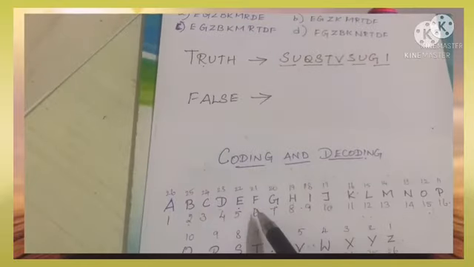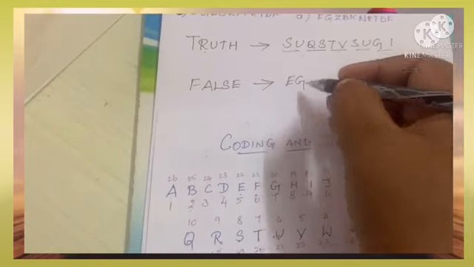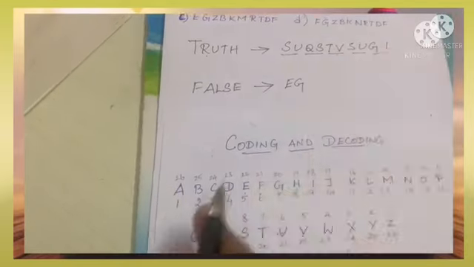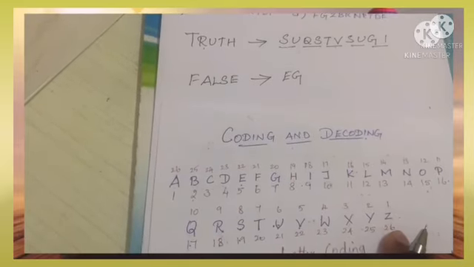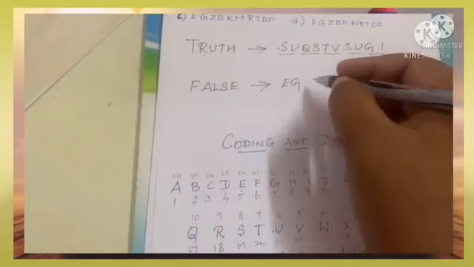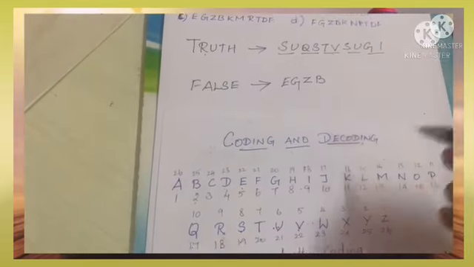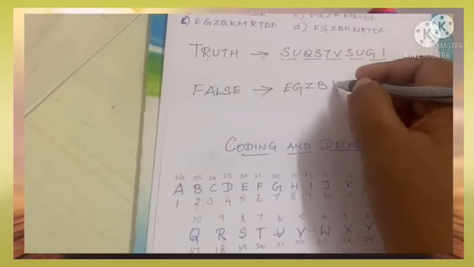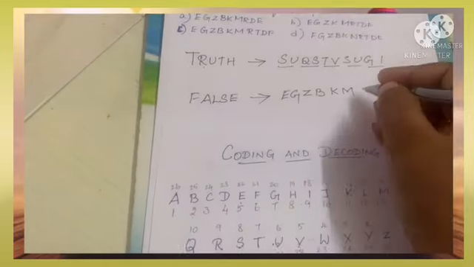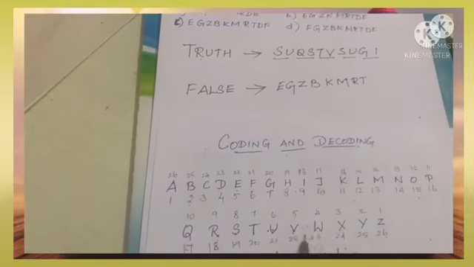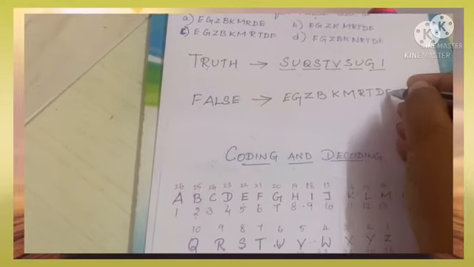I think now it is easy for you to find for FALSE. F. So F means EG. A is here. So what I should do? I should consider this Z here. Okay. Z and B. And next L, K, M. And then S, R, T. E, D, F. Is it easy now?